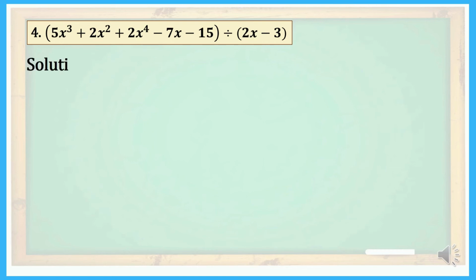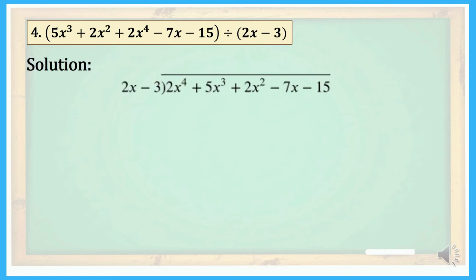So we have now 2x to the fourth power plus 5x cubed plus 2x squared minus 7x minus 15. We already arranged our dividend, from the term with the highest degree, 2x to the fourth power, down to the constant, negative 15, divided by 2x minus 3. The divisor is already arranged from the term with the highest degree down to the term with the lowest degree.